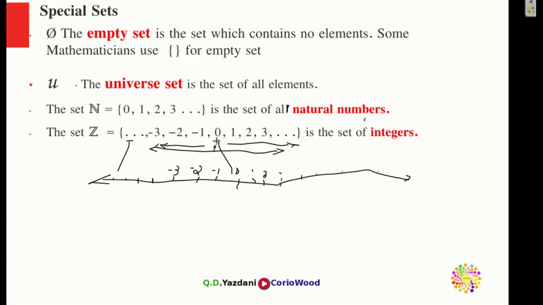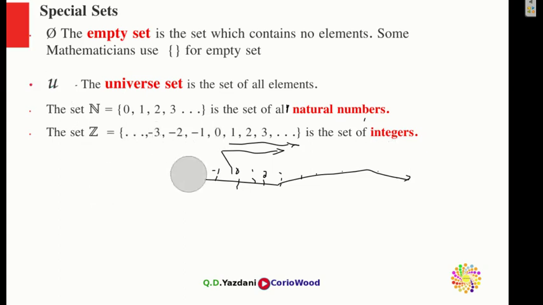That's the basis of mathematics, because when you subtract something you go towards the left, and when you do addition you go towards the right. And the set Z is the set of all integers.